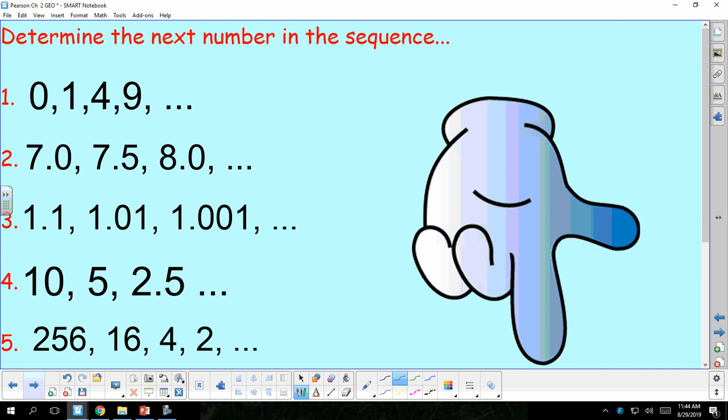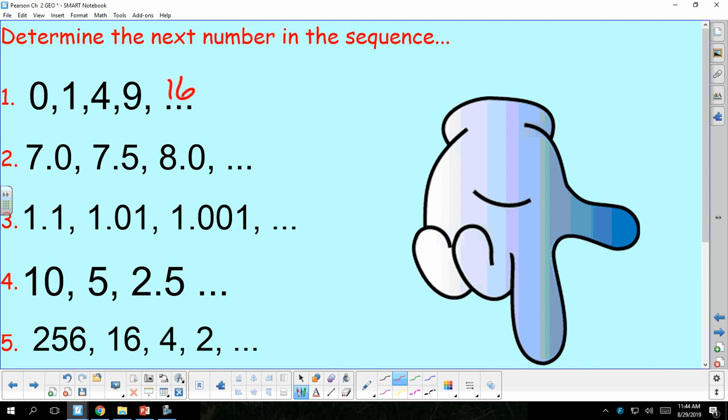One's a little tricky. Anyone? What are these? Perfect squares, right? 0 squared, 1 squared, 2 squared, 3 squared, 4 squared.